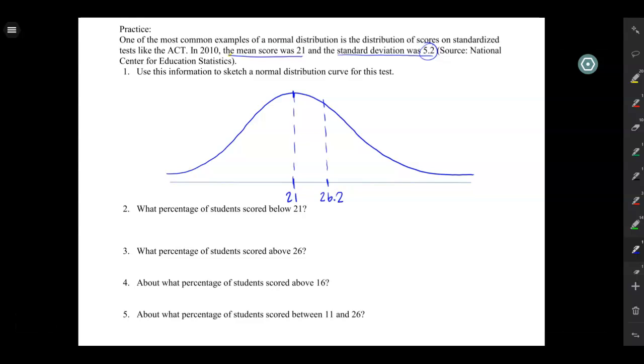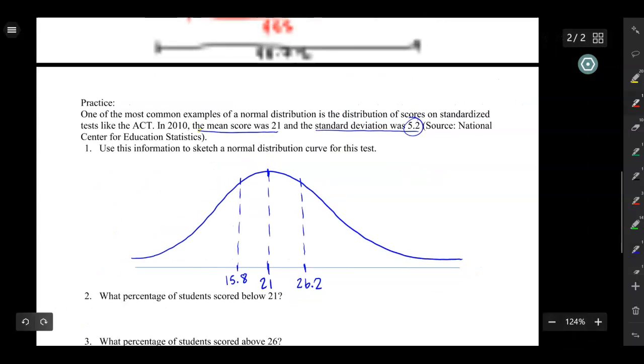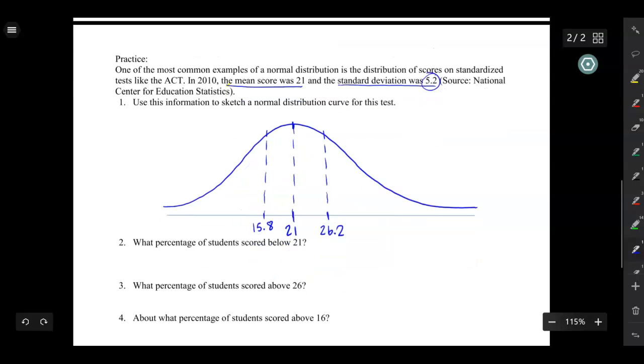And then if I go to the left, I'm going to do 21 minus 5.2. That's going to land me at 15.8. So that's just what happens when I go 1 standard deviation out from the mean. Let's fill in the rest of our standard deviations.